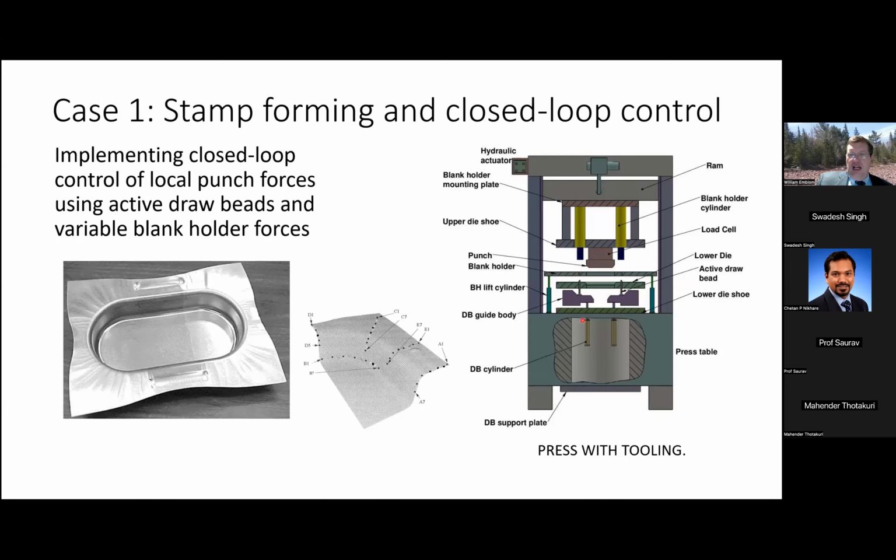We had an active drawbead system. Here's the drawbeads poking out of the lower tooling. And then it was connected to some hydraulic cylinders that were within the core of the press table that could raise up and down.